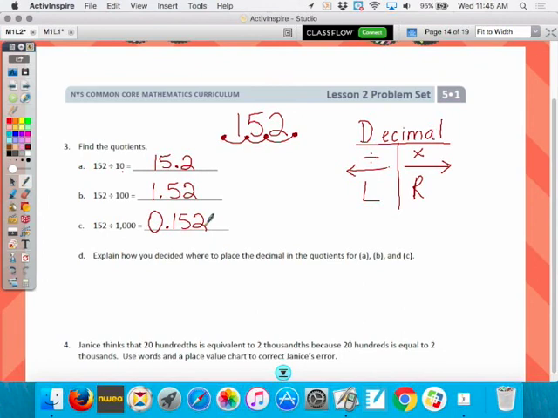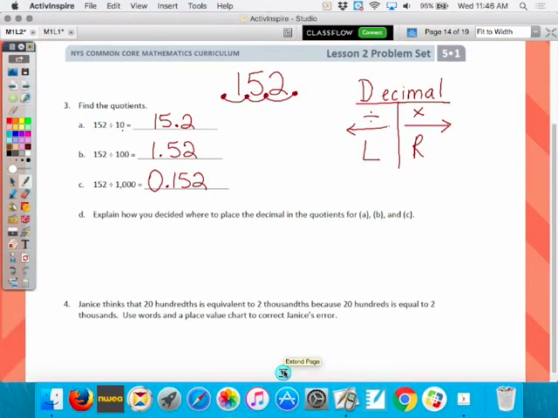So this one's a little different. It says, explain how you decided where to place the decimal in the quotients for A, B, and C. Did the decimal appear to move 1 place value to the left each time? Yes. That's what we're going to write then, okay? Now the decimal, we know the decimal didn't move. But we moved it, didn't we? Yeah.